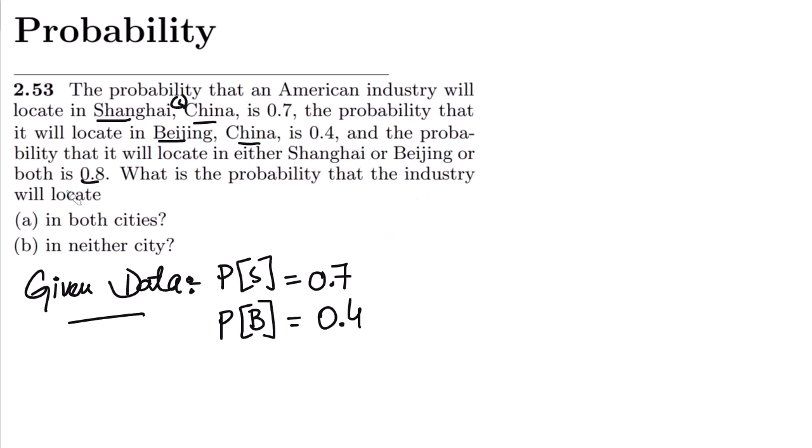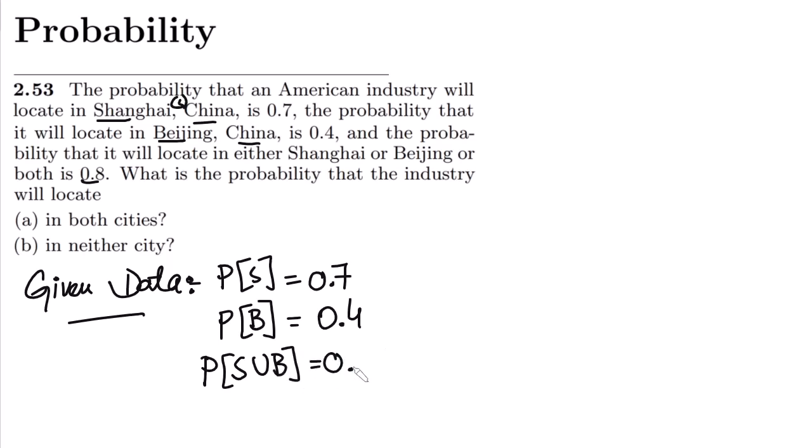The probability that it will locate in either Shanghai or Beijing or in both is basically the union. Why is it union? Because in union either Shanghai or Beijing or both can be present in the event sets. So I have to write the probability of S union B, which is 0.8.